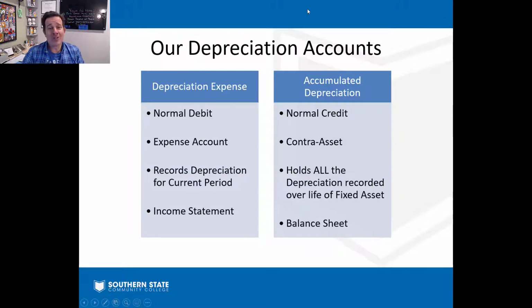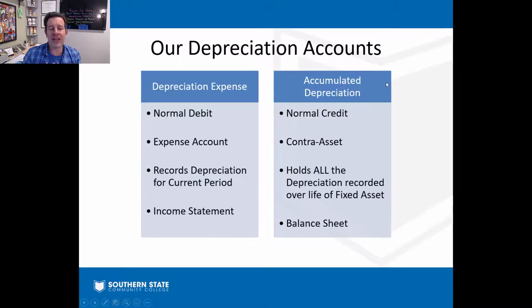So if you remember back to our solid footing days, we have two different accounts in play here. When we calculate and record our depreciation, we have an expense account, depreciation expense, the normal debit like all our other expense accounts, and we record depreciation for the current period only using that account, and that will show up on the income statement.